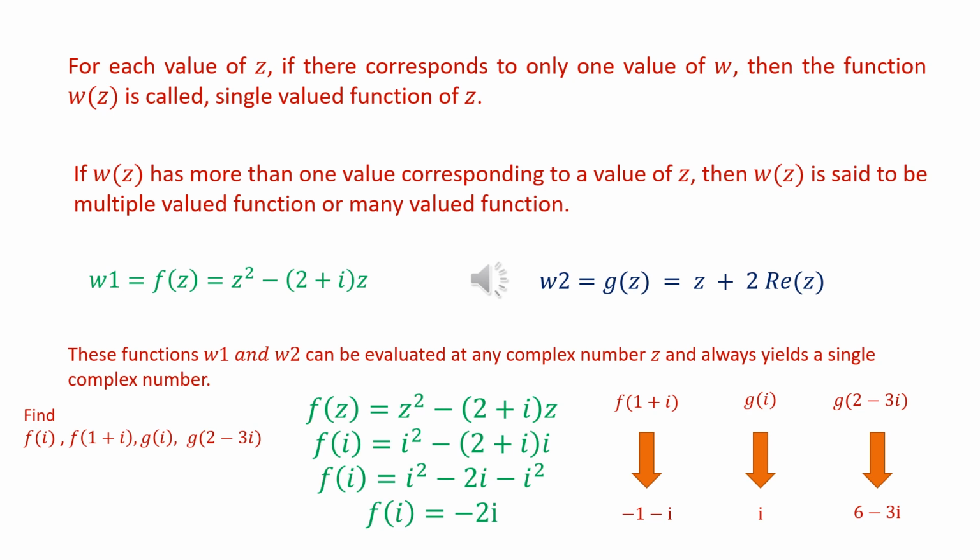Now let us consider two functions denoted here as w1 and w2. w1 is equal to f of z, which is equal to z square minus (2 plus i) into z. w2 is equal to g of z, which is equal to z plus 2 times the real part of z.